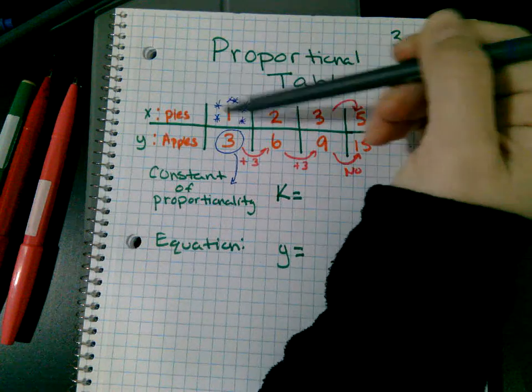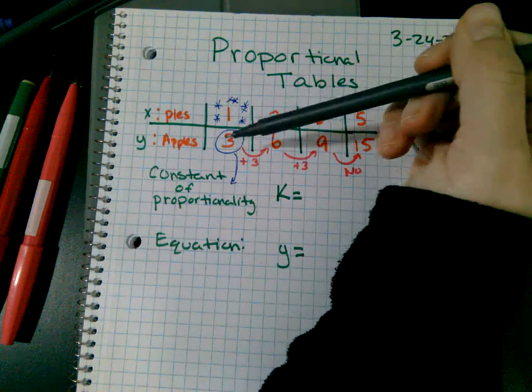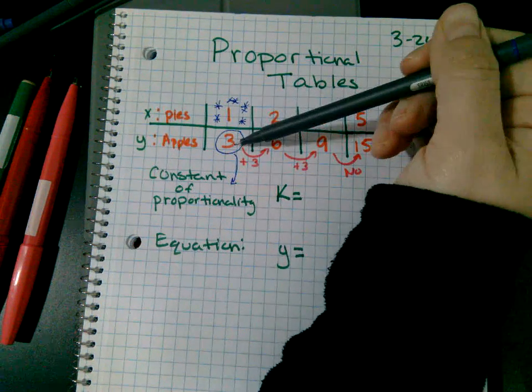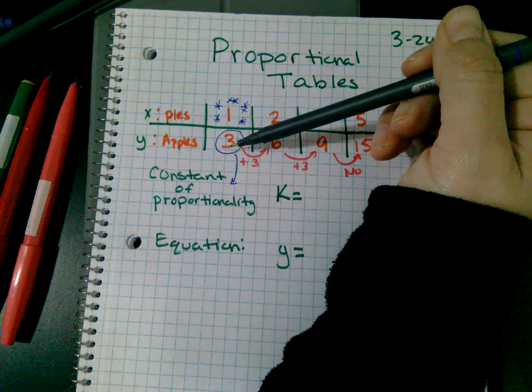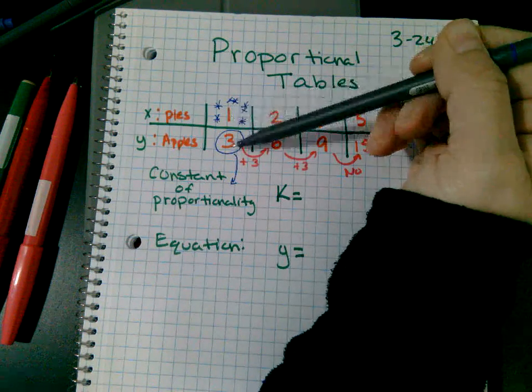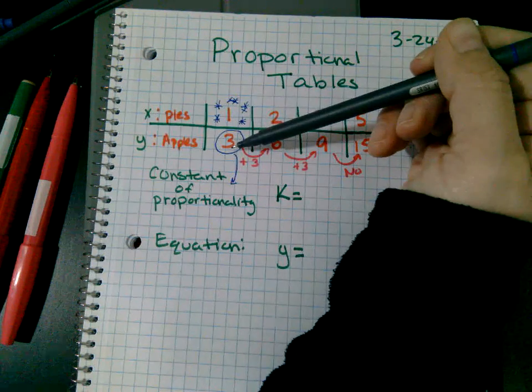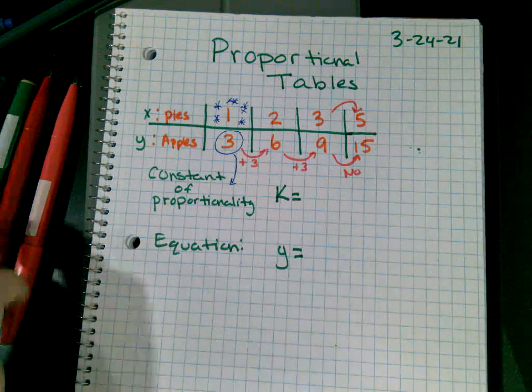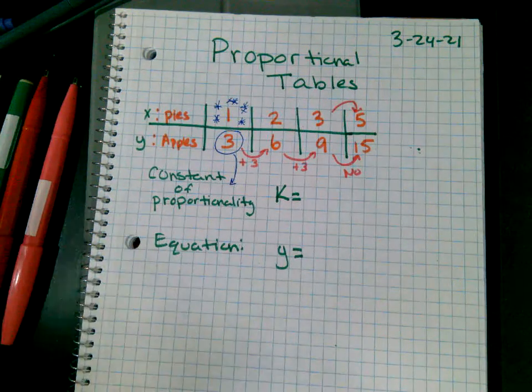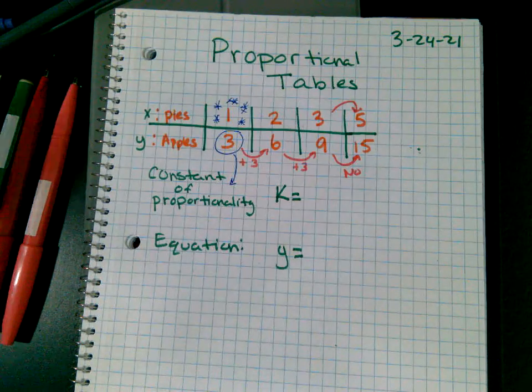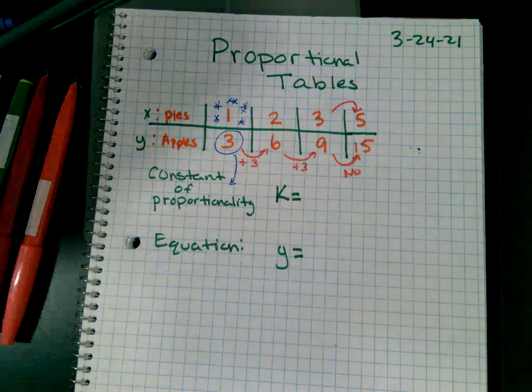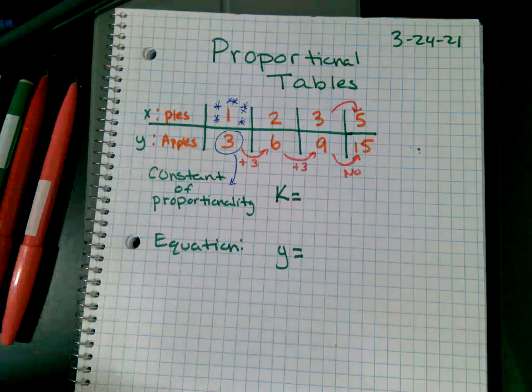So when you have x is 1, whatever y is, that is your constant of proportionality. Okay? So if x is 1, whatever y is, that's your constant of proportionality. Look, it's 3. Now, this is maybe new for some of you. Maybe you've seen it, but this is what you're going to use today. Pay attention, because this is what you're going to use today.